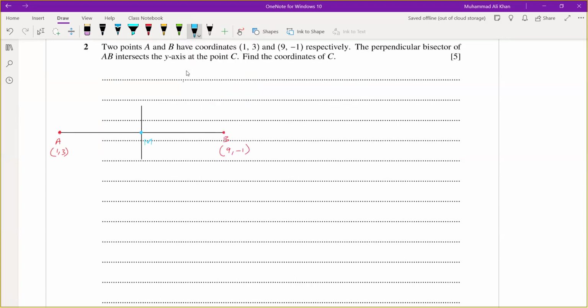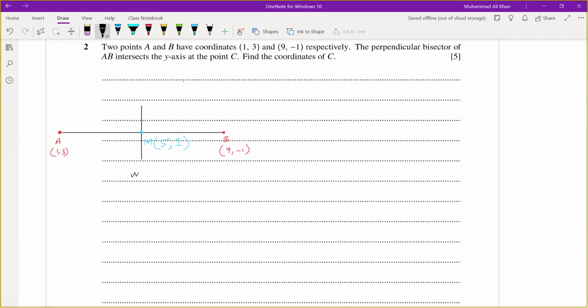It will be (x1 plus x2) by 2. So 1 plus 9 divided by 2 is 5. And 3 minus 1 divided by 2 is 1. So the coordinates of midpoint are 5 and 1. Midpoint के coordinates आ गए हमारे पास 5 and 1.